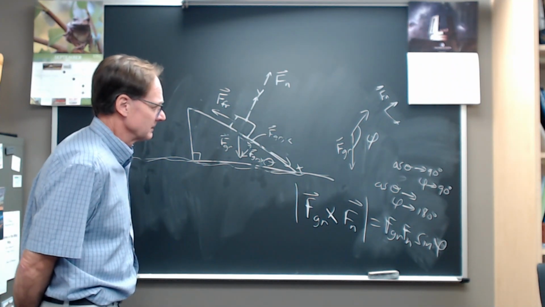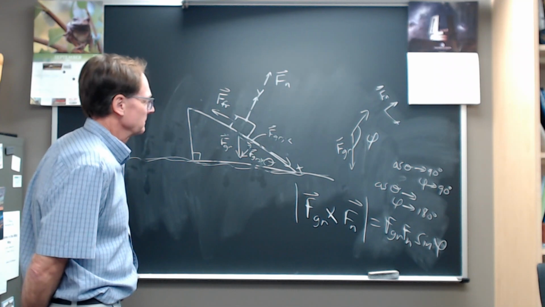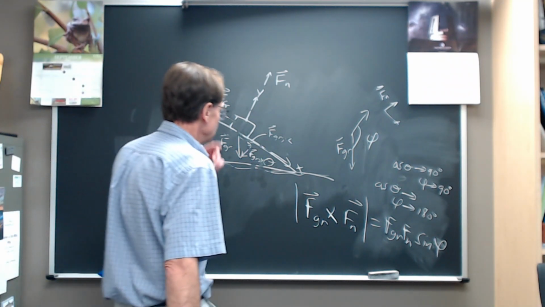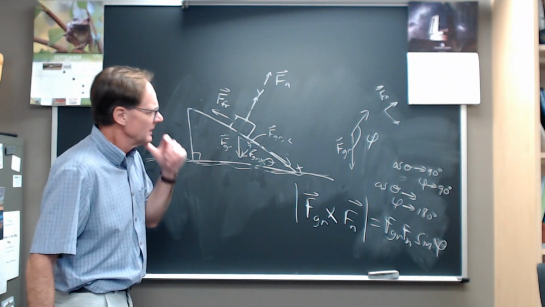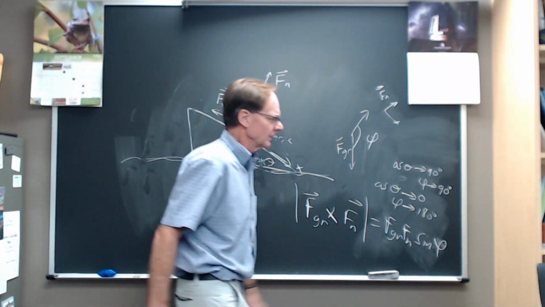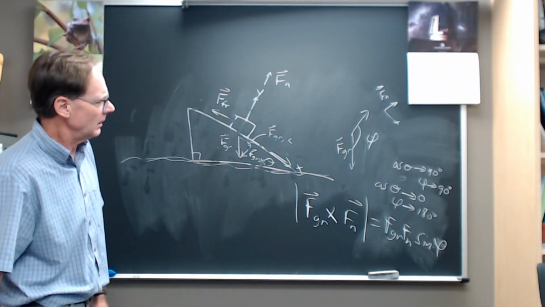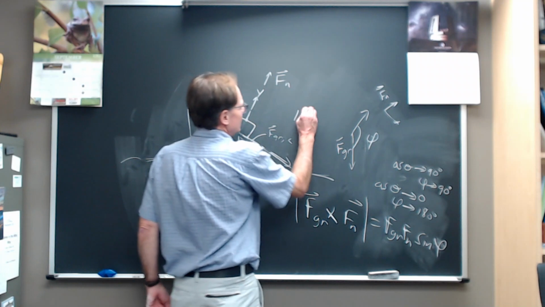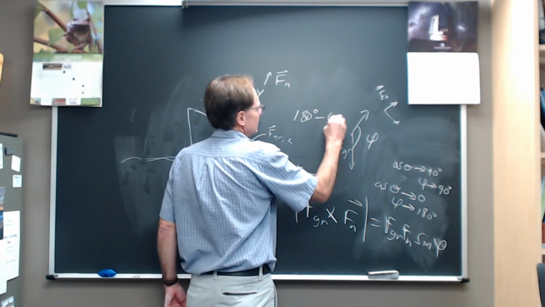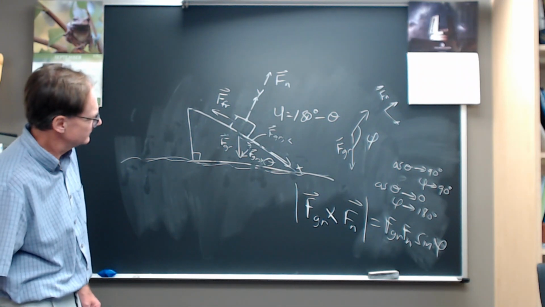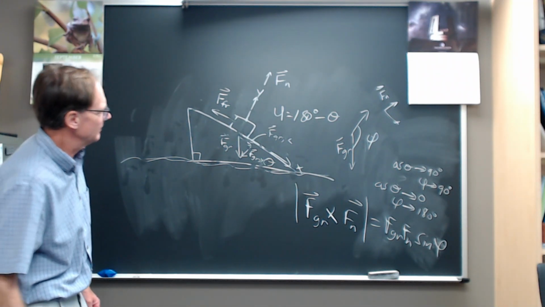Is this 90 plus theta? Is that what that turns out to be? I don't think so, right? Because as theta goes to 0, phi goes to 180. Oh, so maybe this is 180 degrees minus theta. That seems like that might work.